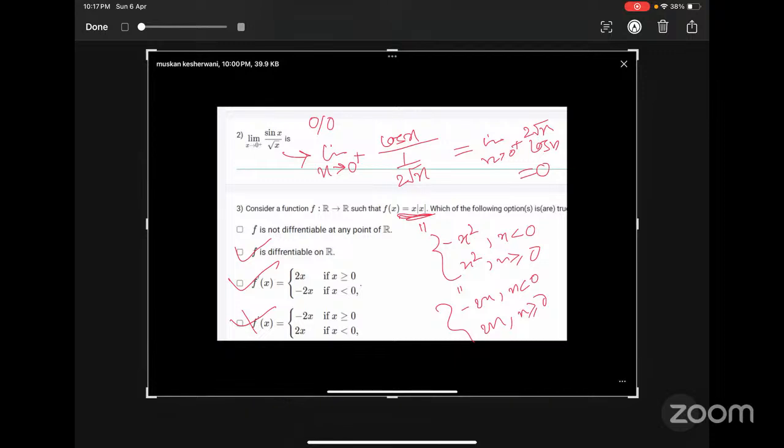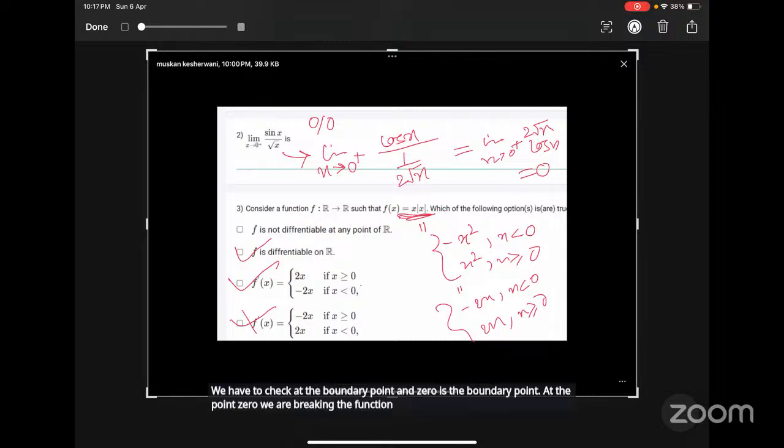Other than 0, it will be automatically differentiable because at any other point, it is simply a polynomial function, right? Quadratic function. We have to check at the boundary point, and 0 is the boundary point. At the point 0, we are breaking the function, so we will check at 0.